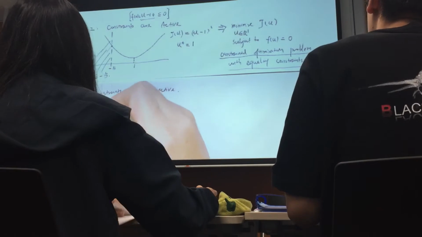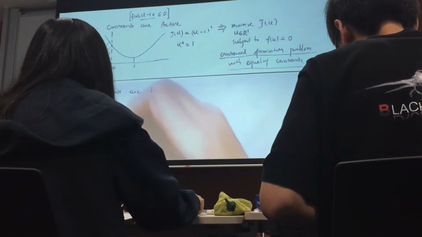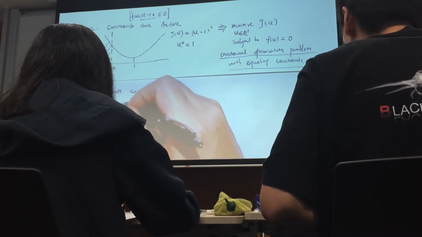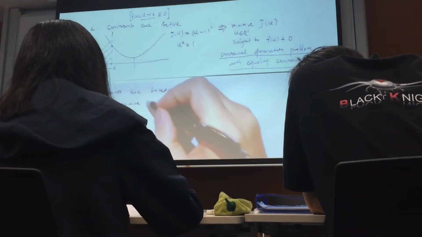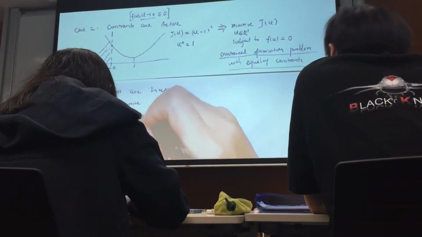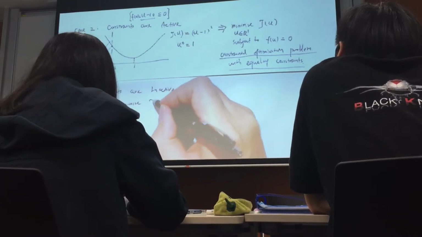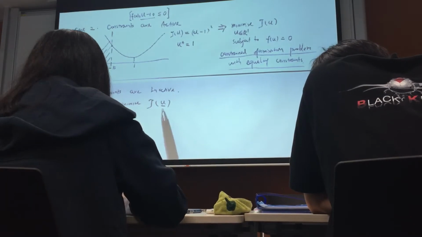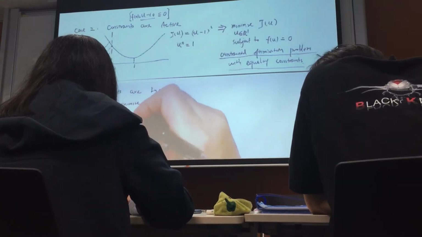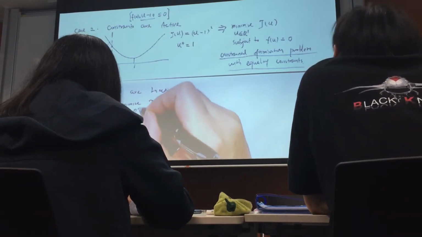In this case, the problem will be converted into a standard unconstrained optimization problem. So the problem formulation is we try to minimize a scalar function with the control input u, where u belongs to Rn.